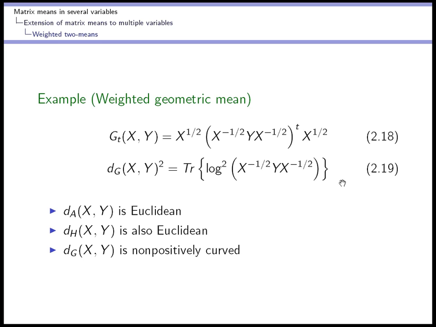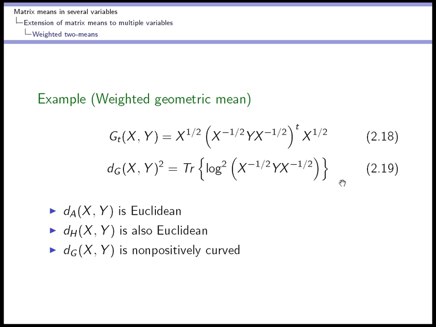But in a general case, we don't have a corresponding Riemannian or any sort of metric space for a matrix mean, because if that would be the case, then we can easily define our weighted mean as a geodesic line connecting 2 points, and the mean itself is just the geodesic midpoint.